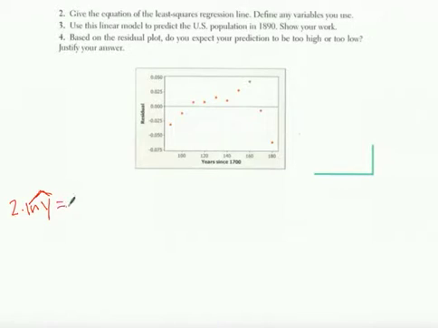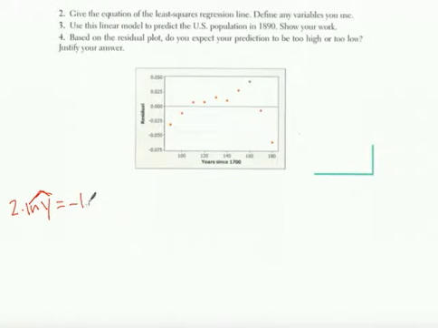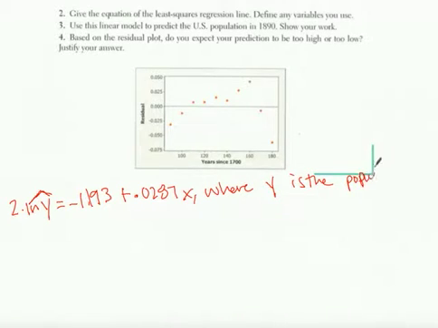So ln y hat is equal to the numbers from here, so negative 1.193 plus 0.0287 x, where y is the population and x is years since 1700.